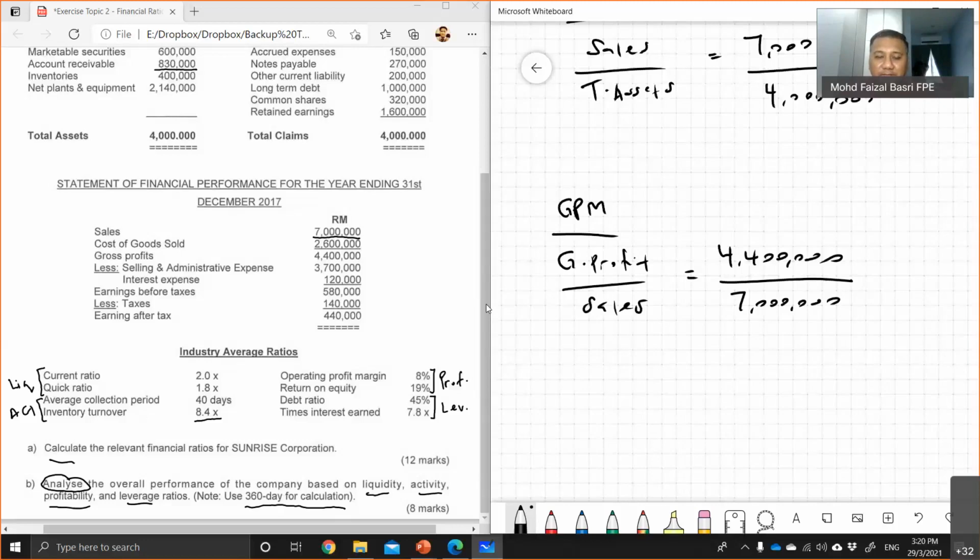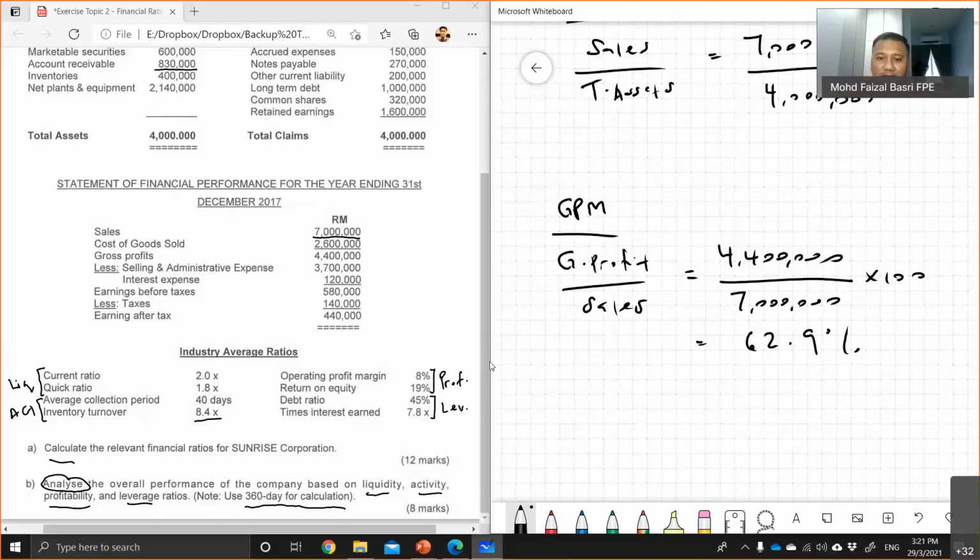We just divide it. But since it is margin, gross profit margin, or even operating profit margin, the margin is in percentage, so we have to multiply with 100. So here you get around 62.9%. So this is the gross profit margin.